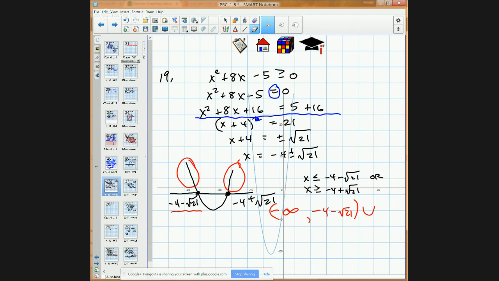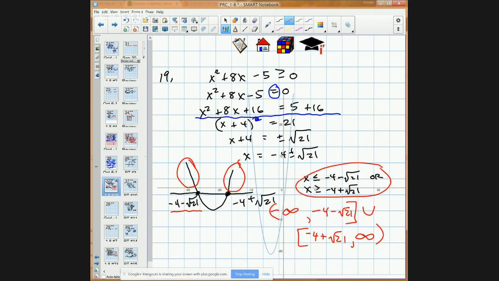That should be a square bracket, because it's on or below. And on this one, it's on or above negative 4 plus the square root of 21, and it goes forever to the right. So this would be the interval notation for what we wrote right here. I would accept either of those. I think the one on the bottom is the one you're going to see in the book.